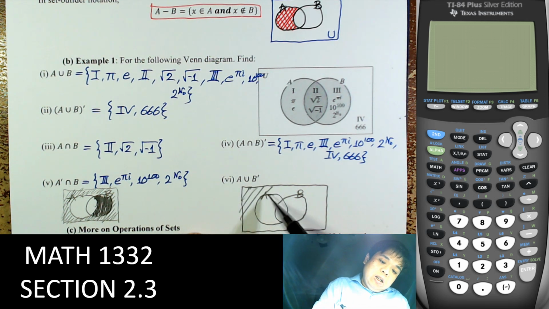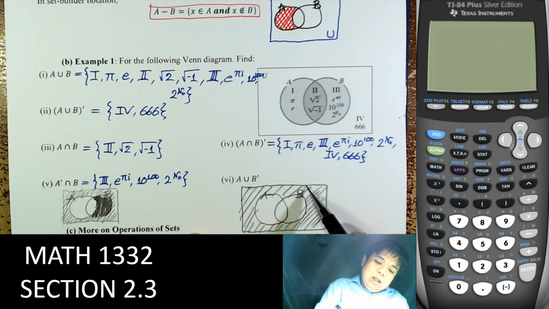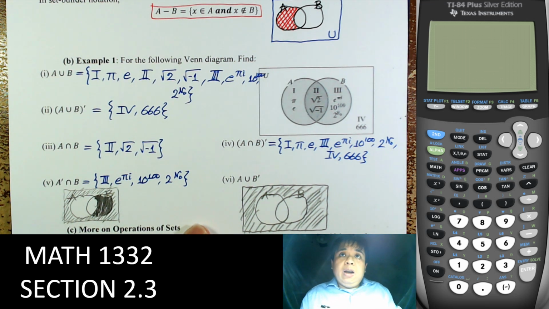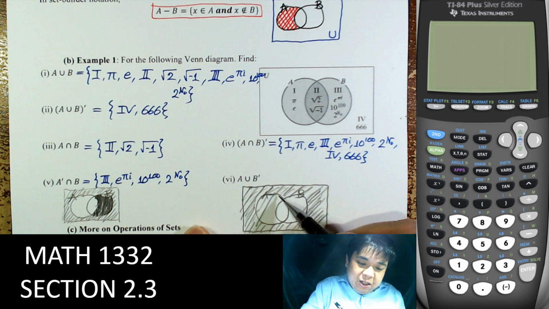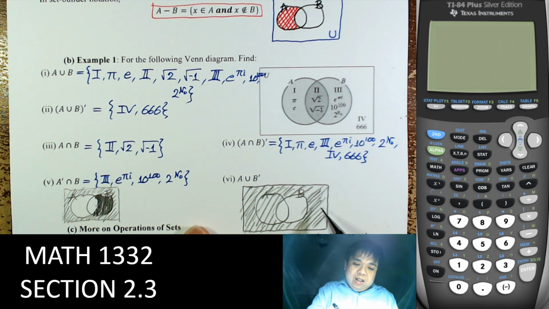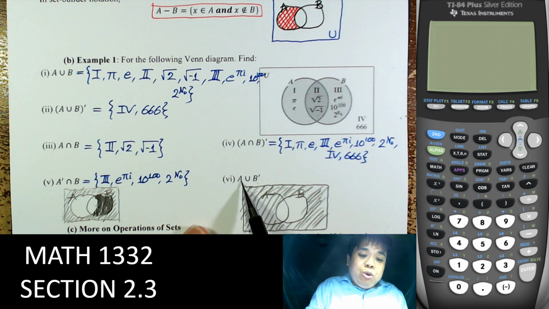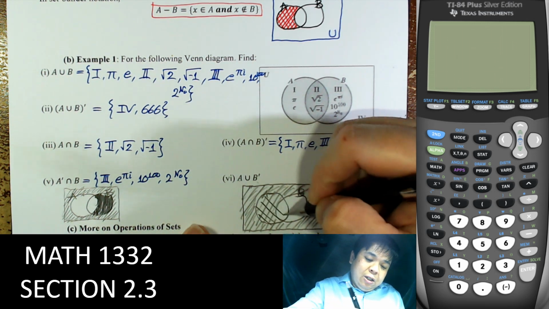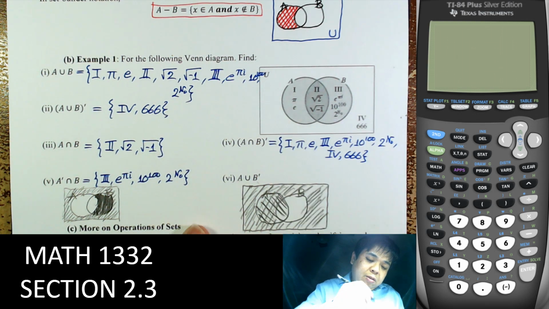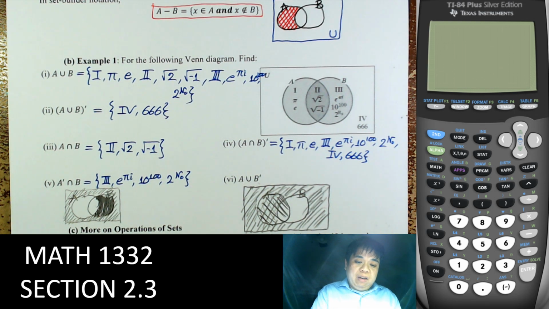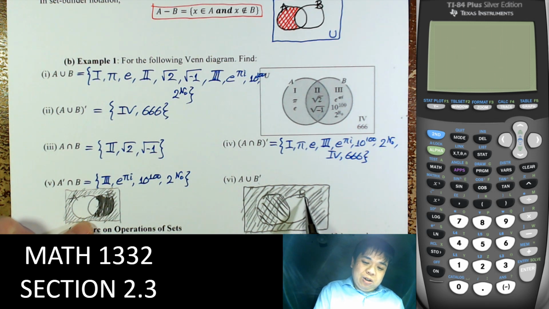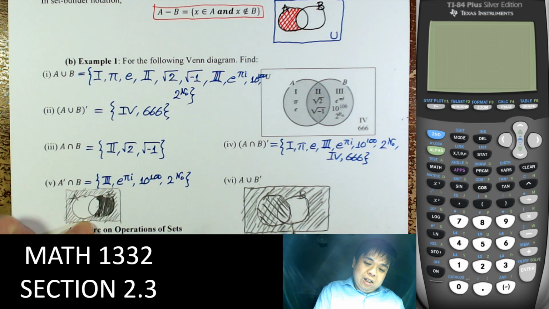First, outside B. Just outside B. And then union with A. So we have either in that or in A. So pretty much everything except for this here.